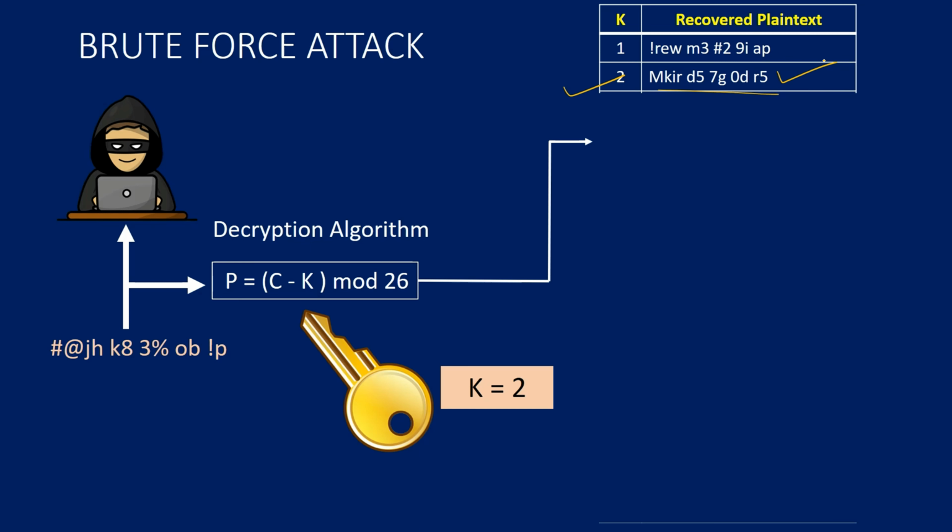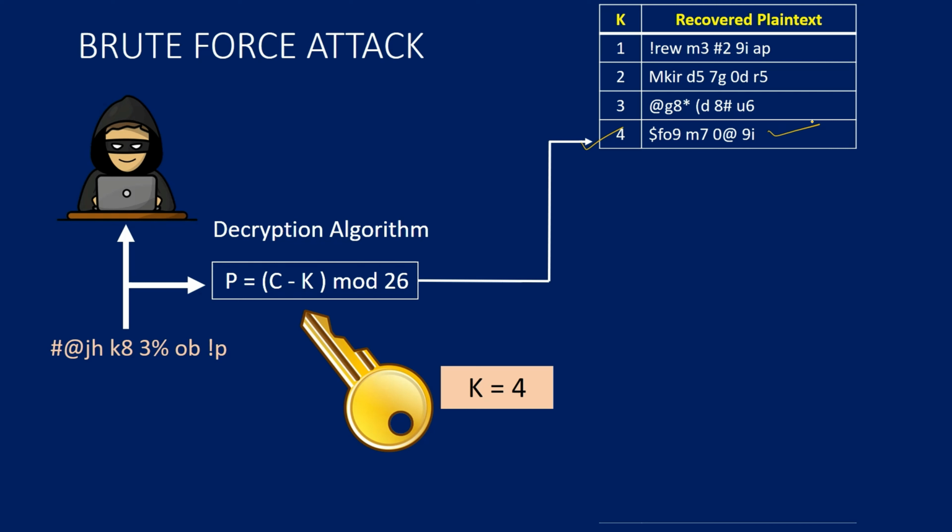So the attacker moves on to the next key, that is he uses K equal to 3. Again the recovered message does not make any sensible sentence and hence he moves to the next key, that is K equal to 4. So every time he is using different keys so as to find out whether the decrypted message makes any sensible message. K equal to 4 is also not making any sensible plain text.